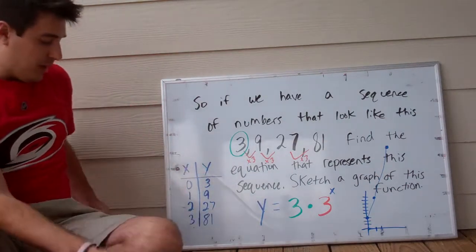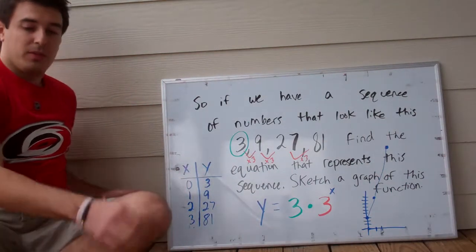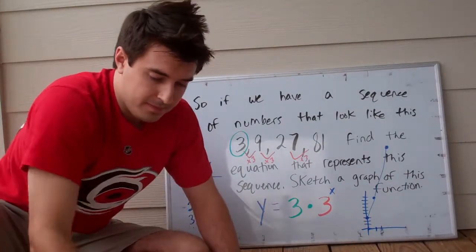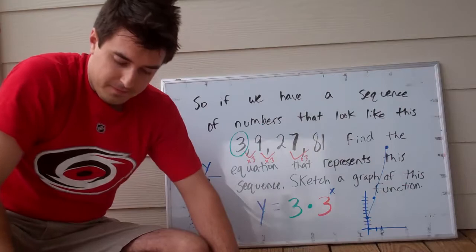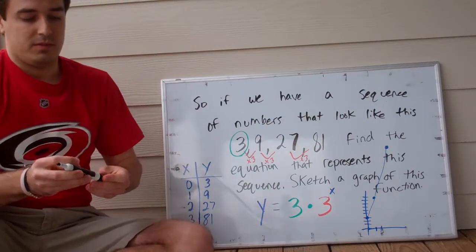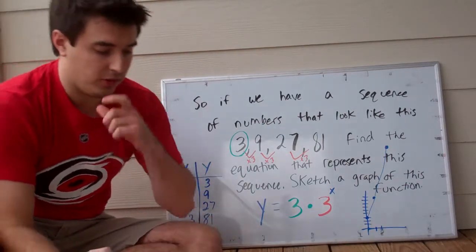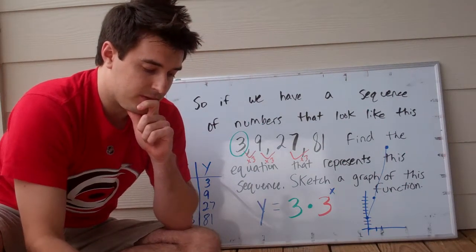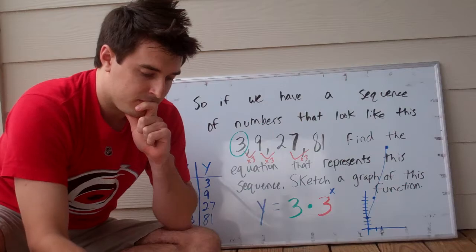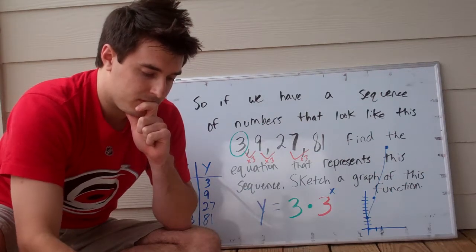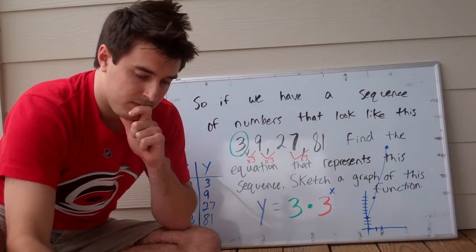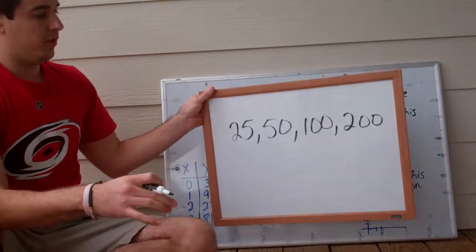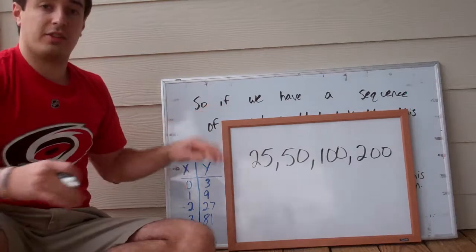So what I want to do now, actually, I brought a pen with me. I'm going to write down one I want you to try. So let's say I have a geometric sequence that looks like this.